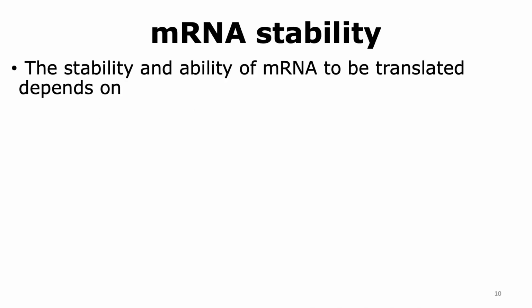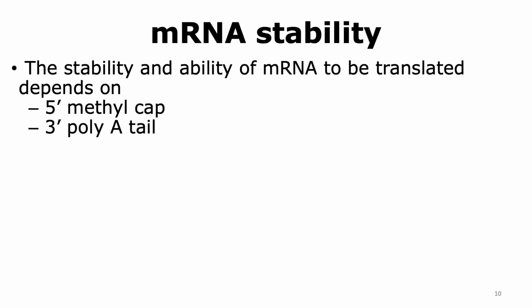In addition to splicing, messenger RNA can also go through other modifications that can affect its stability as well as the ability to be translated. These other modifications include the addition of a 5' methyl cap as well as a 3' poly A tail.